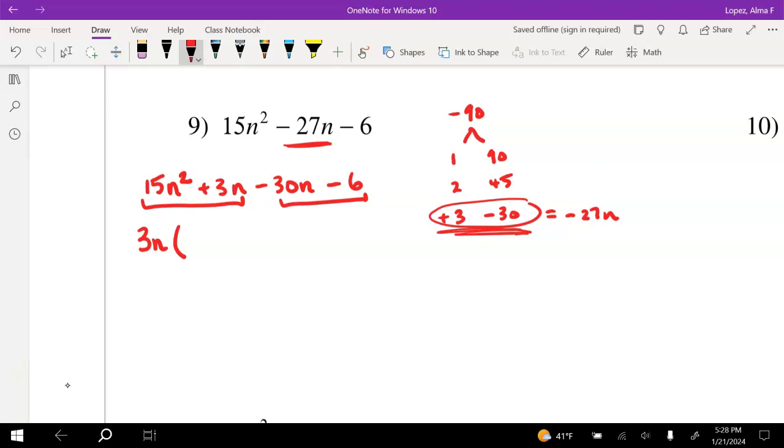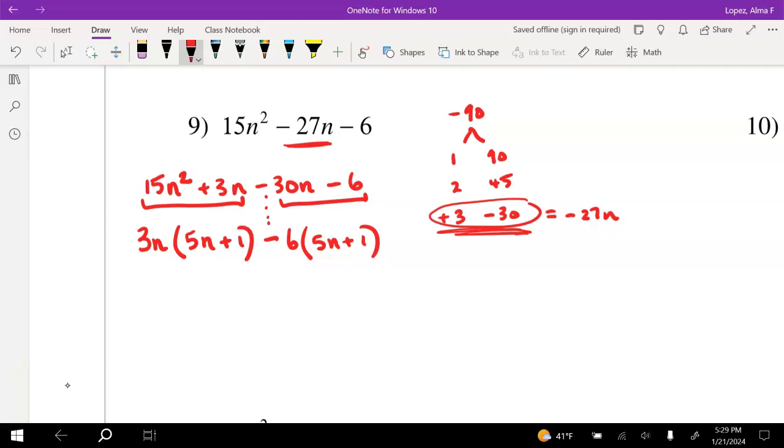When I factor it out, I'm left with a 5n plus 1. Bring the negative down. 30n and 6 both have a 6 in common. When I factor that negative 6 out of these two terms in my second group, I am left with 5n plus 1 also. And again, if you happen to get the signs wrong, just really quick, multiply back together again.